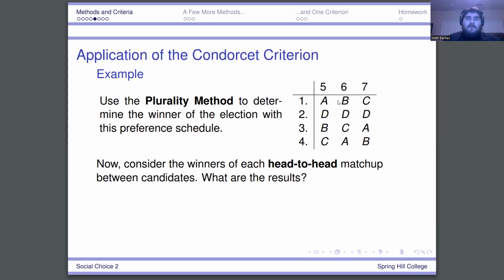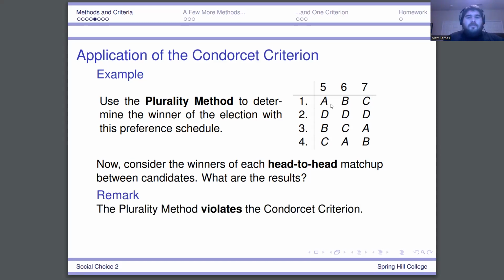If we look at A and C, A is preferred to C 5 times, and then C is preferred to A in these last 2 columns. So that'd be 13, so C would win that one. You kind of see how this works out, right? What you're going to find if you do this out is that D actually wins all of its head-to-head matchups.